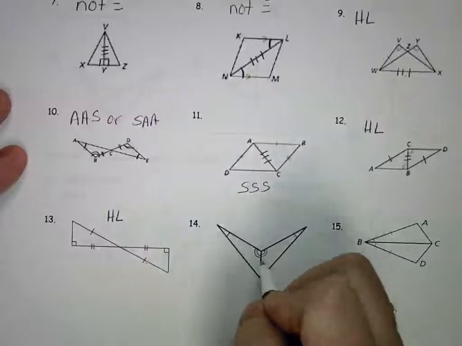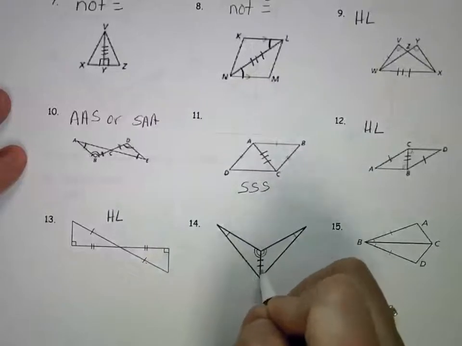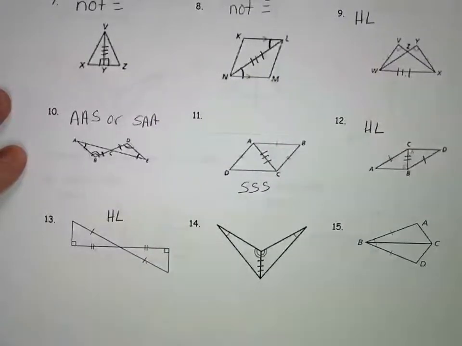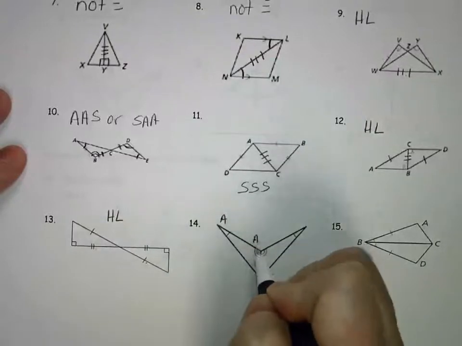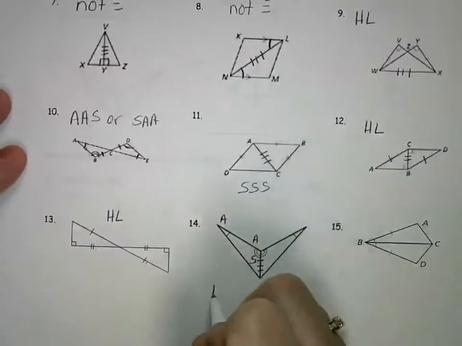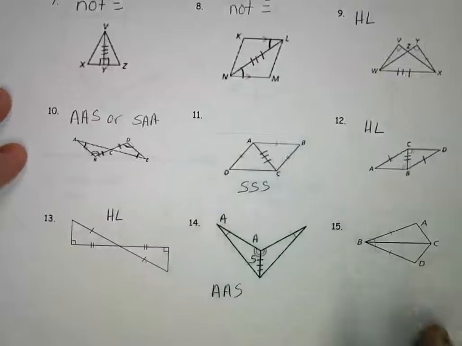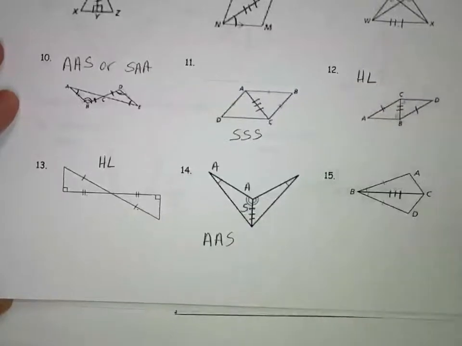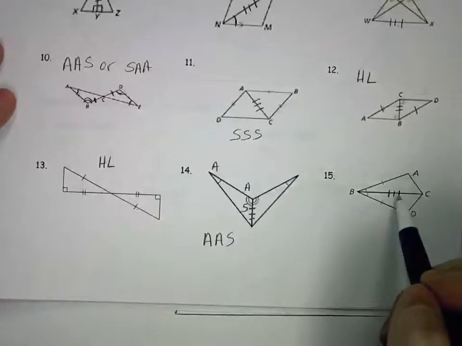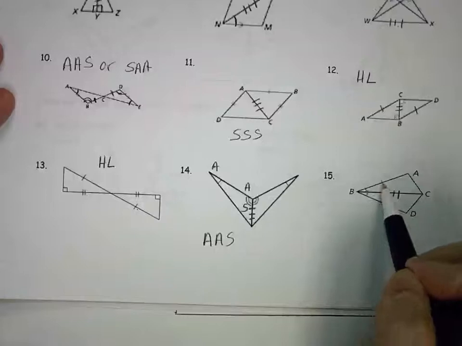Number 14, you can get this piece congruent to itself. And then you have angle, angle, side. And 15, you can get BC congruent to BC. So you will have side, angle, side.